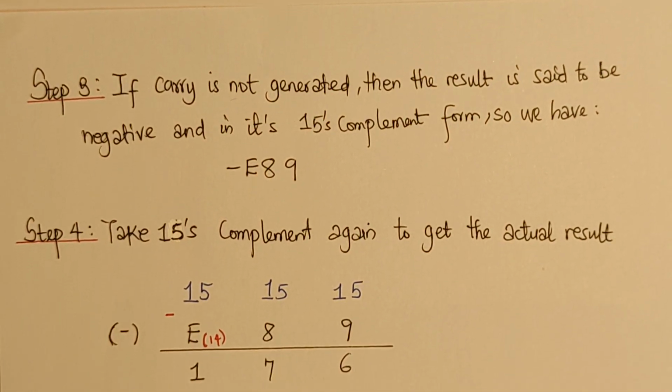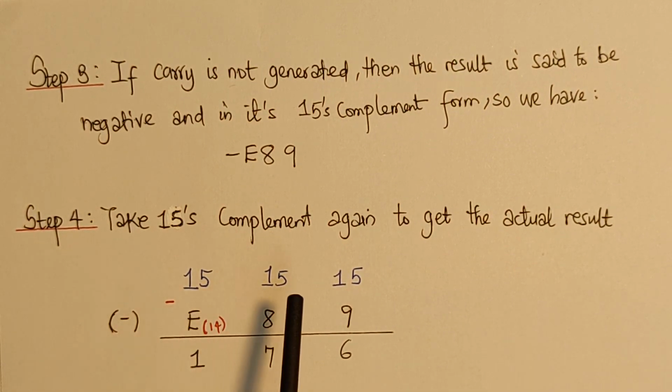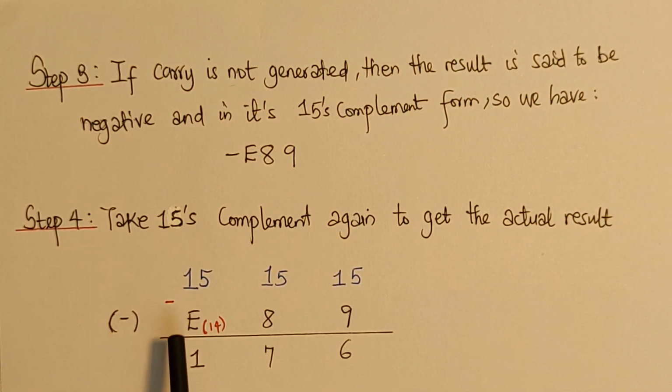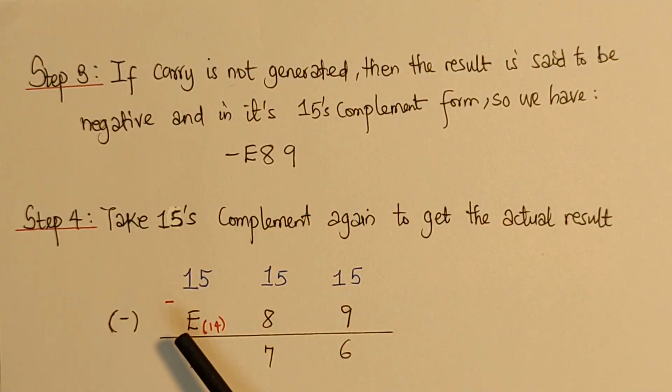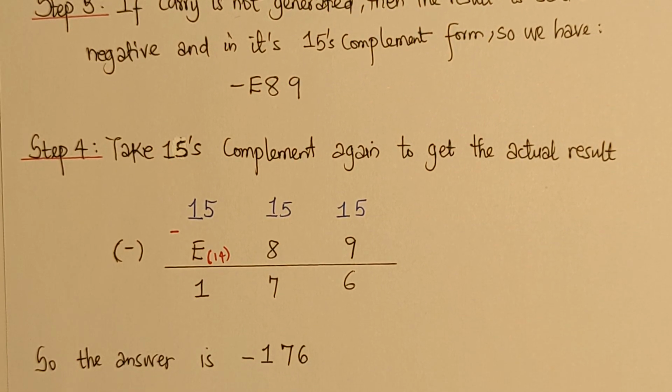So we have 15, 15, 15 minus E, 8, 9 respectively. 15 minus 9 will be 6, 15 minus 8 will be 7, and 15 minus E, which is actually 14, will be 1. So at the end of the day, our result is going to be minus 176, which we have here.